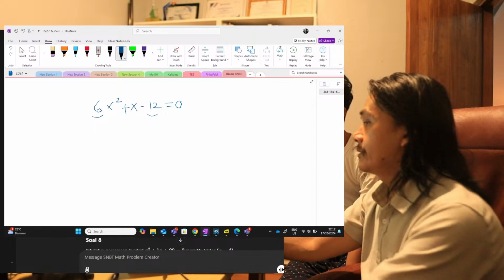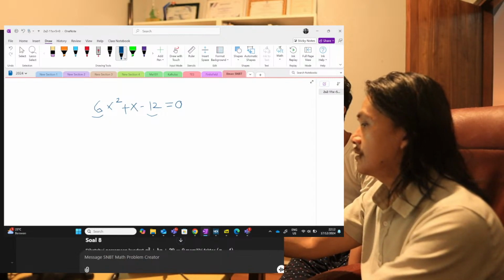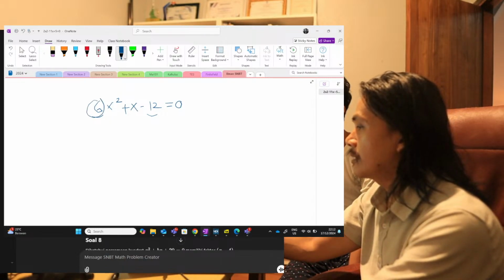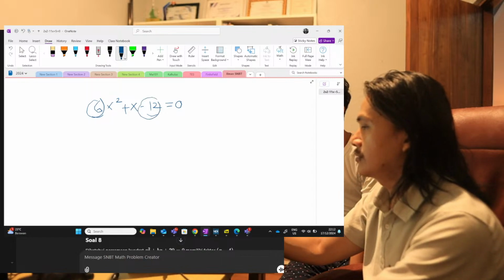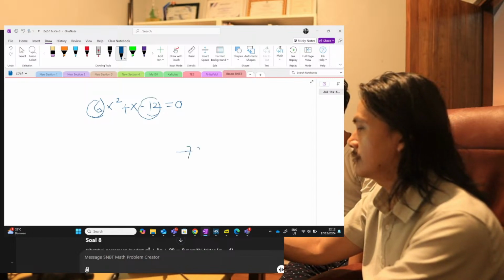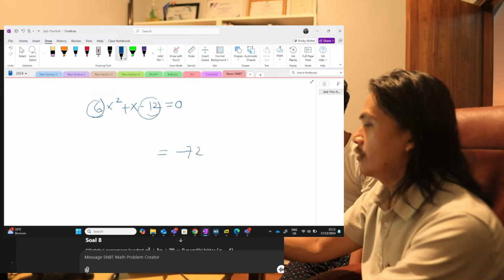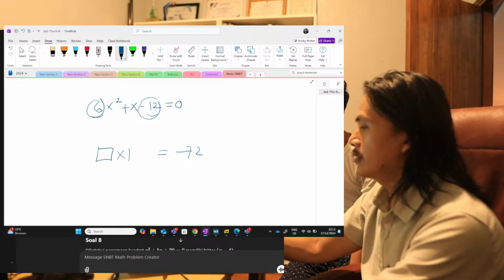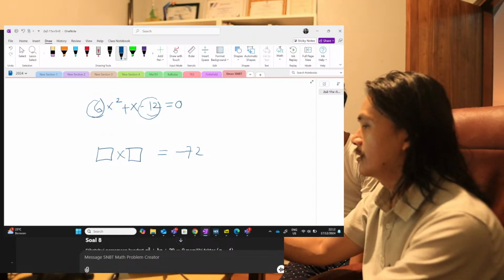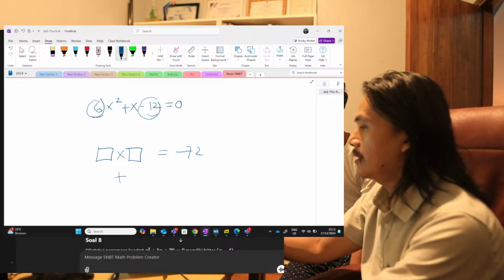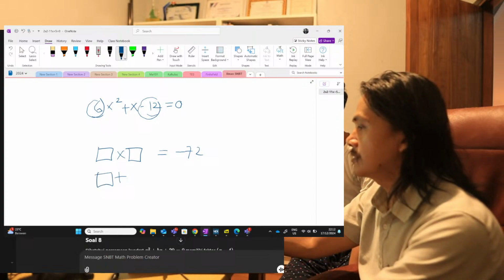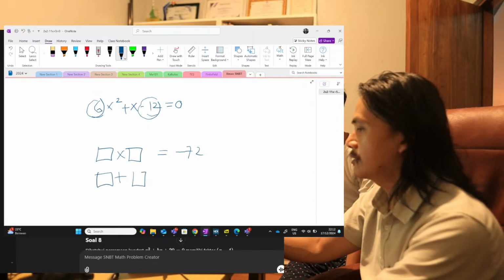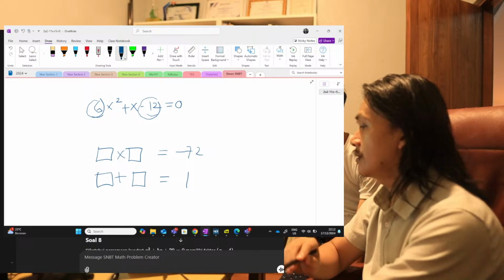But the general version is you multiply this number by that number. So you have negative 72. Now you want two numbers that multiply to get negative 72, and when you add, you still want the coefficient of x, which is 1.